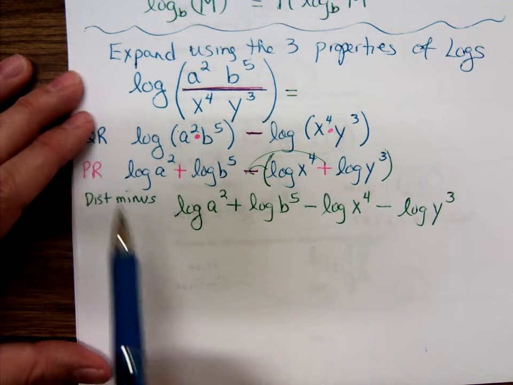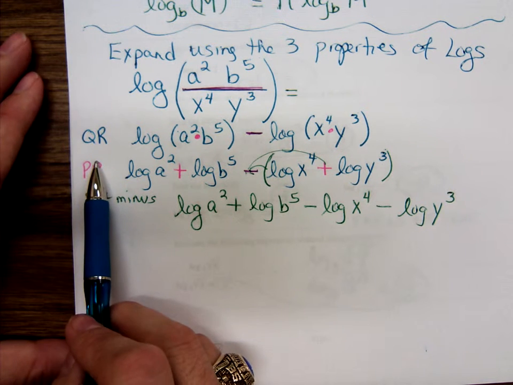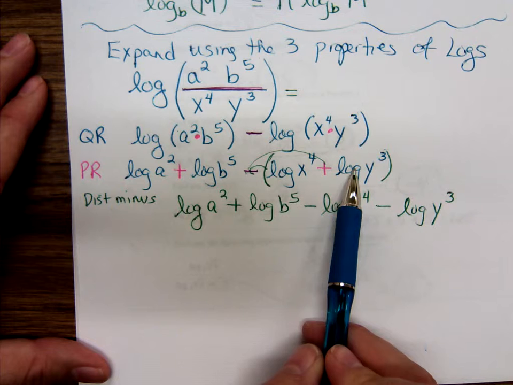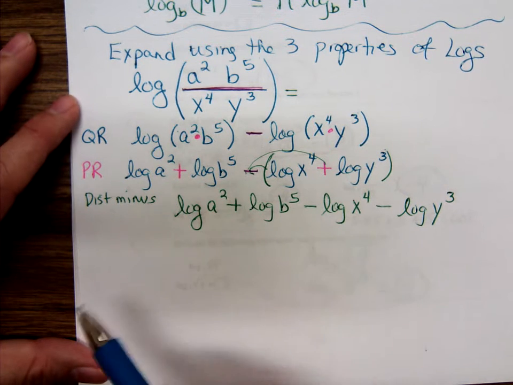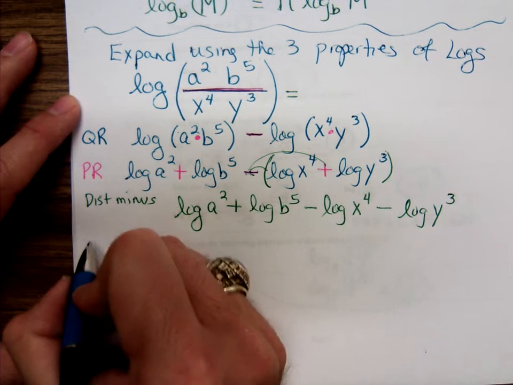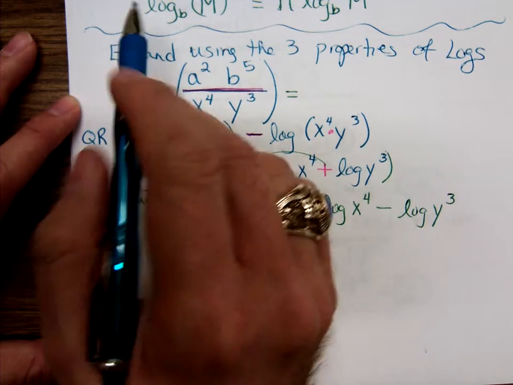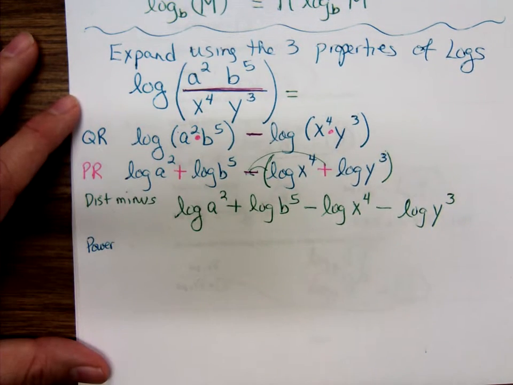So we've used the quotient rule, the product rule, then we distributed this minus. One rule we haven't used, the power rule. This PR is product, not power rule.